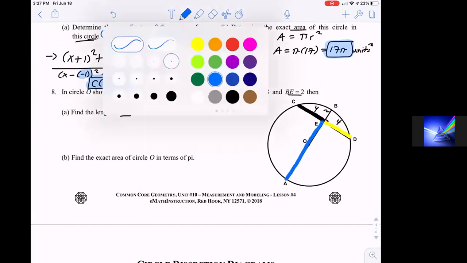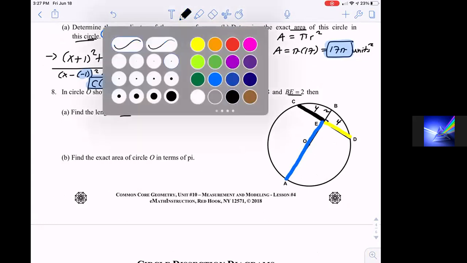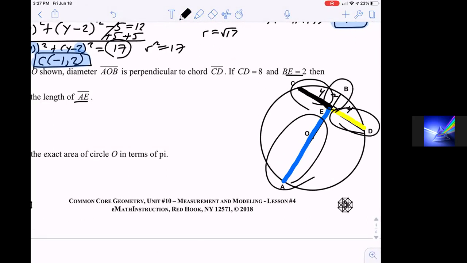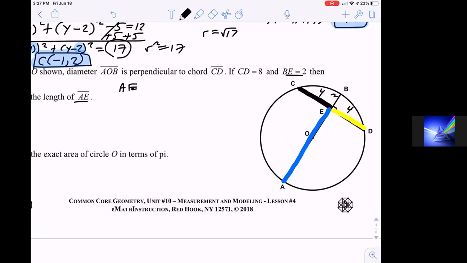Now, we saw this in our last unit, unit 7, which told us that two chords that intersect, we take the product of the chords. So this CE times DE equals AE times BE. AE times BE equals CE times DE.